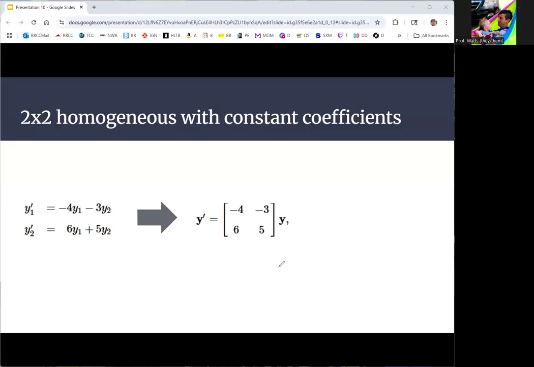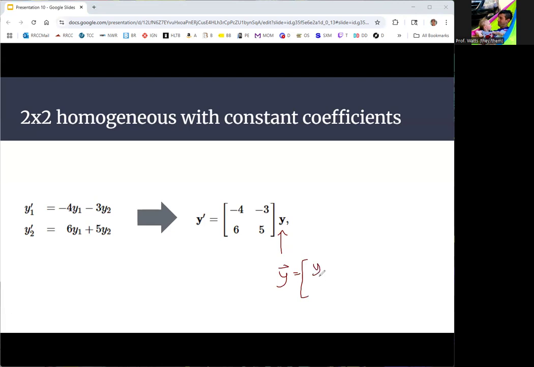The vector y, in textbooks like ours, the Trench book, will use a bold font to indicate a vector. When you're doing handwriting, you can't really do bold font, so I recommend using the little arrow to indicate that it is indeed a vector. And then I like using the square brackets and writing these as column vectors.